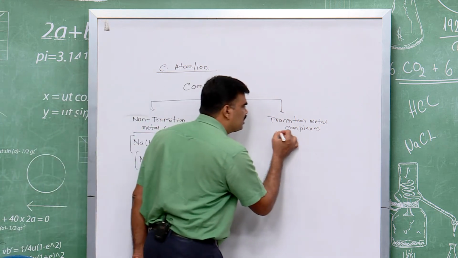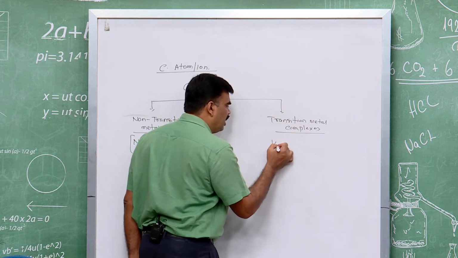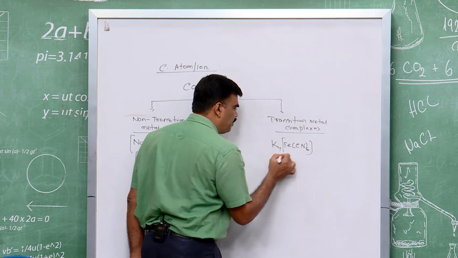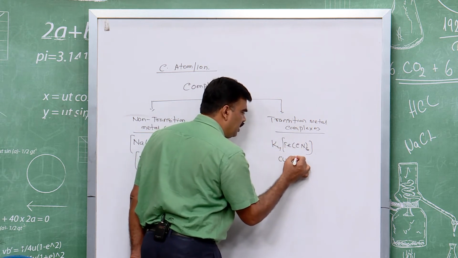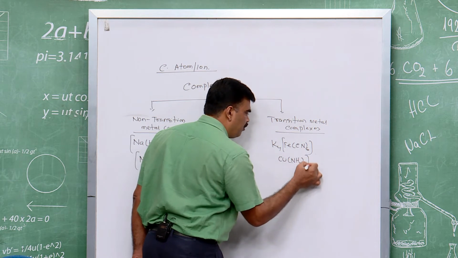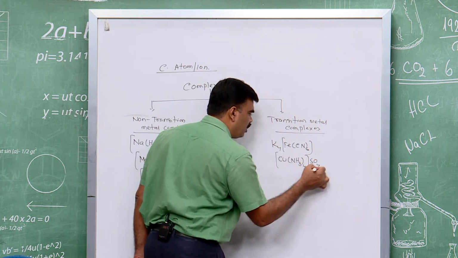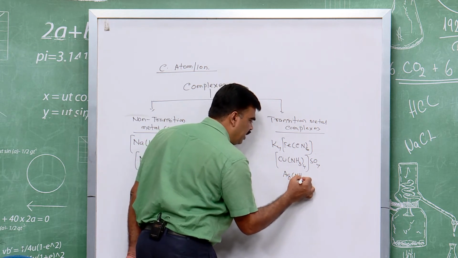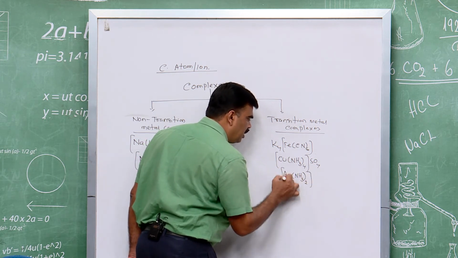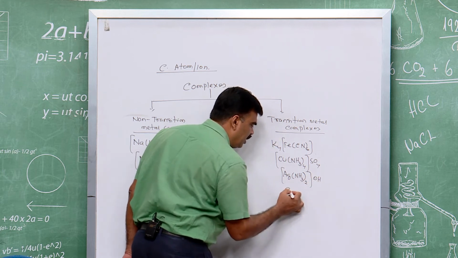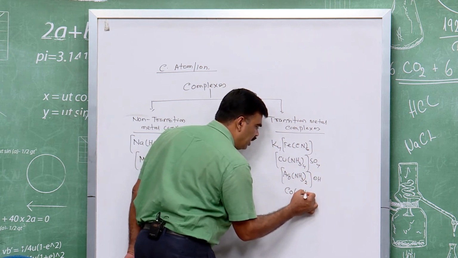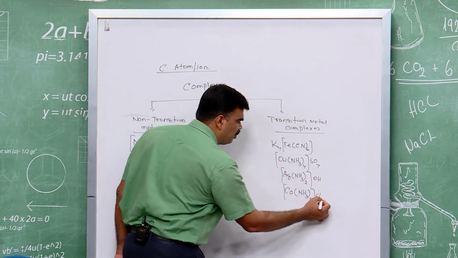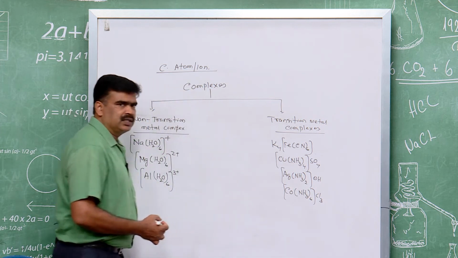Transition metal complexes, so many complexes like K4[Fe(CN)6], [Cu(NH3)4]SO4, and you know Tollens' reagent, diamminesilver hydroxide, hexamminecobalt. So these are a few examples of transition metal complexes.